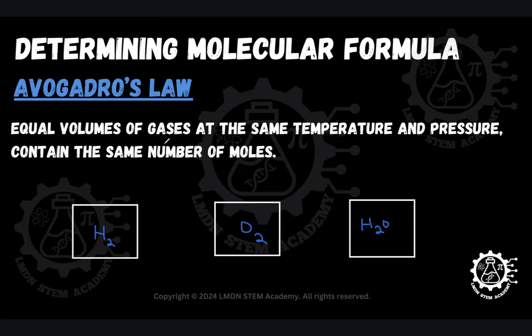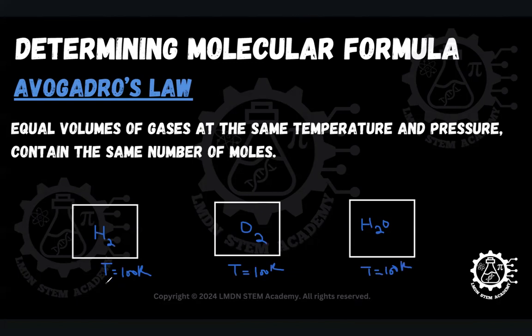And as I said, they're at the same conditions of temperature and pressure. Imagine that this is T, let's say 100 Kelvin, and this one, the oxygen, is also at 100 Kelvin, and the steam is also at 100 Kelvin.